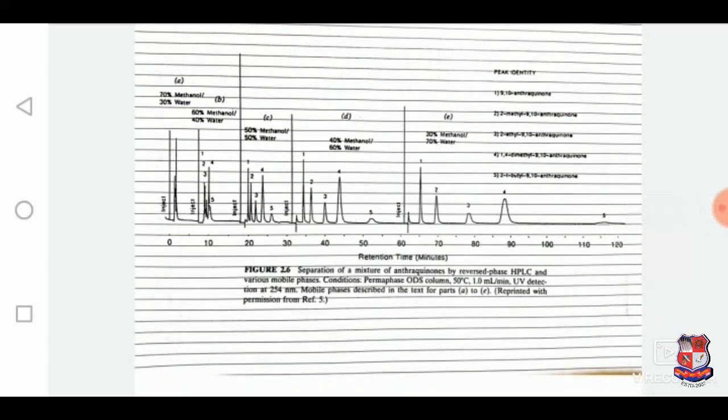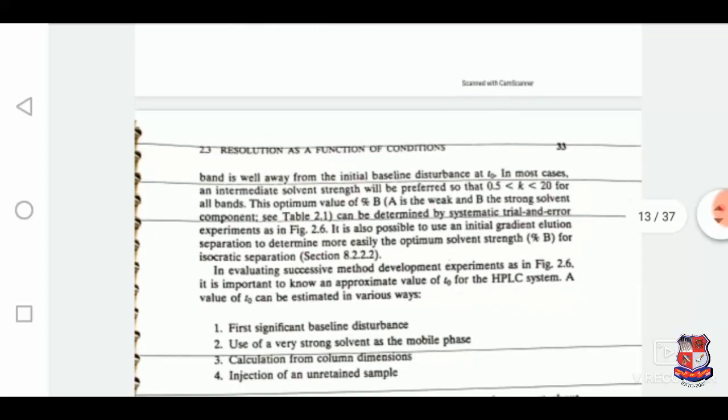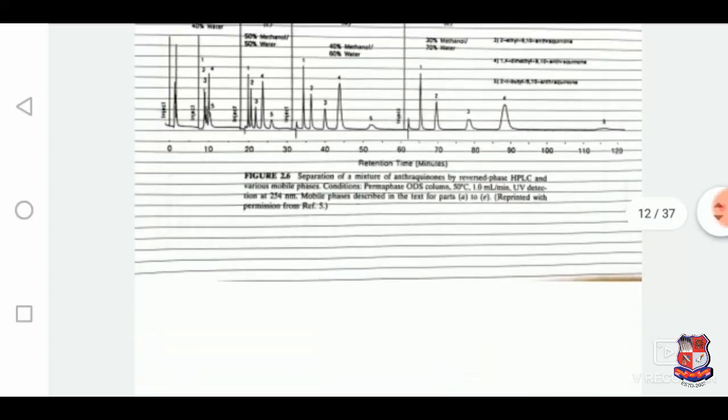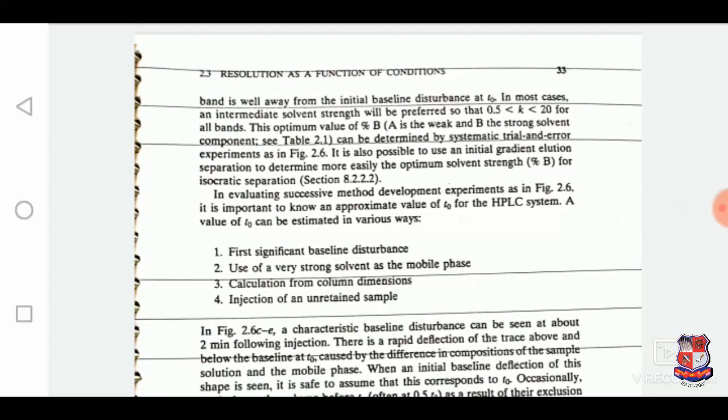This is a chromatogram of the separation of a mixture of anthraquinones by reverse phase, and this is the condition for that. For the evaluation of successive method development in figure 2.6, it is important to know the approximate value of t0 for the HPLC system.